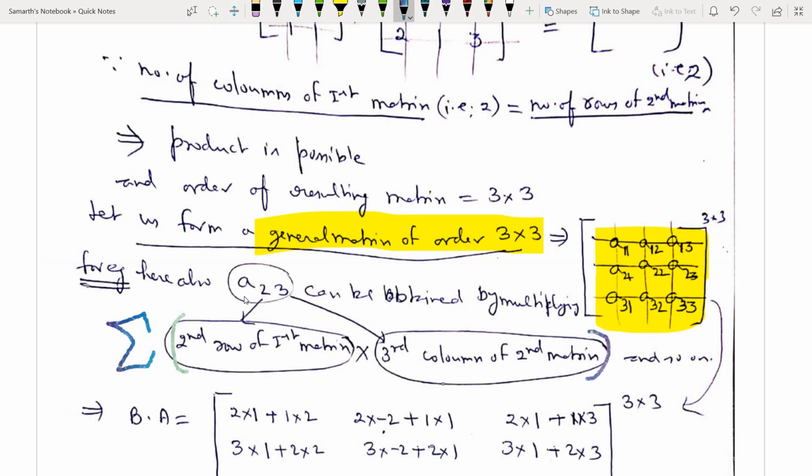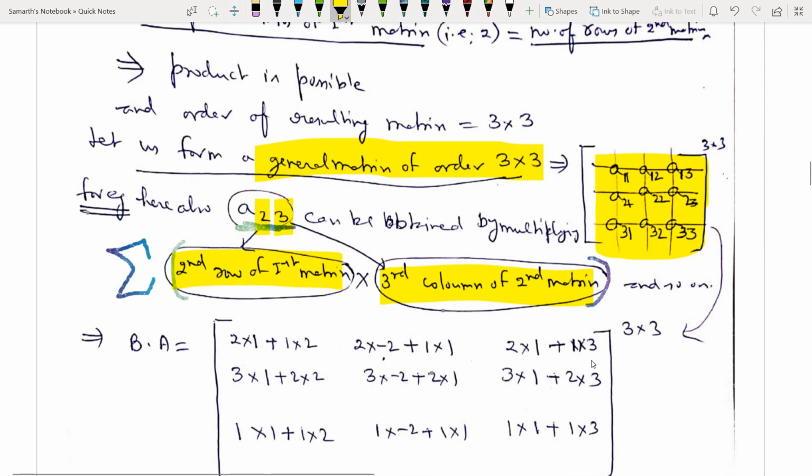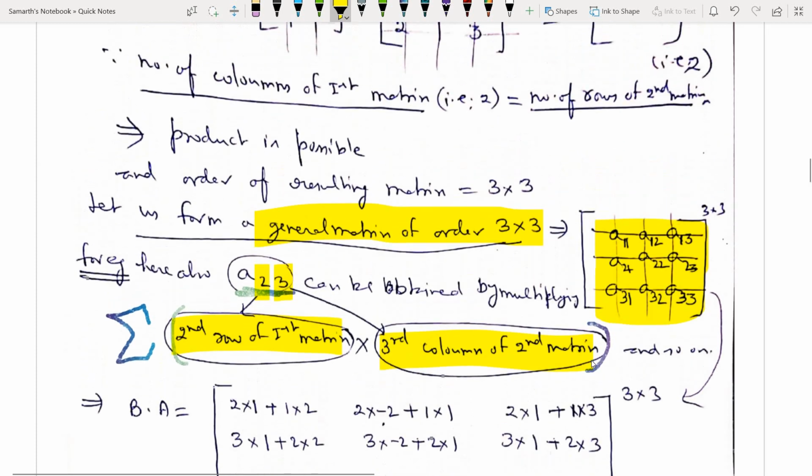For example, I have taken a general element A23 from this matrix. A23 can be obtained by multiplying the second row of the first matrix by the third column of the second matrix. So in this manner, I have written the elements like A11.